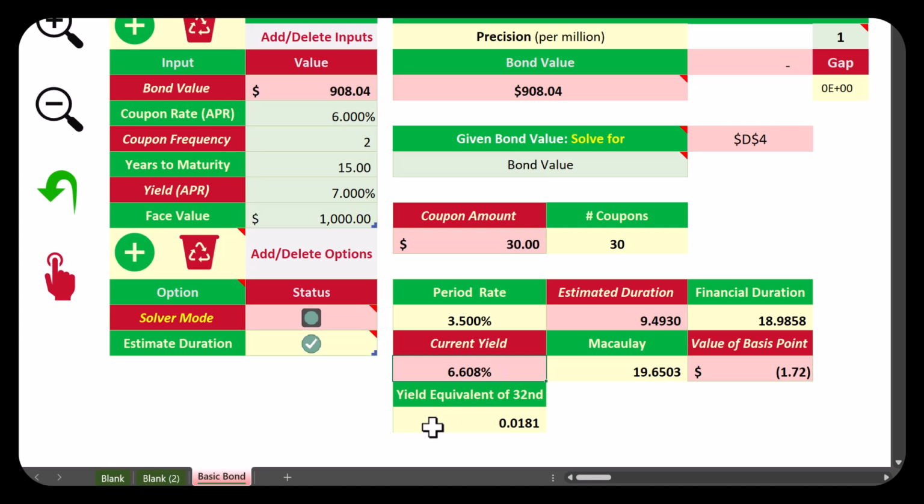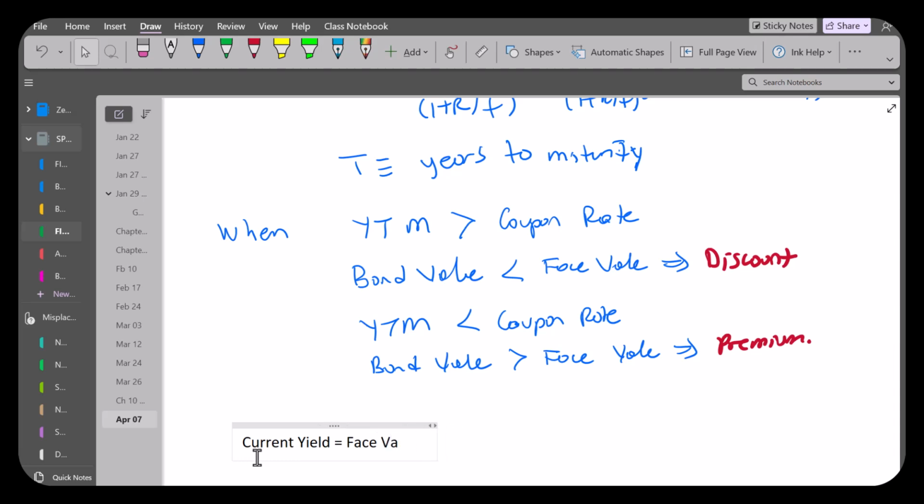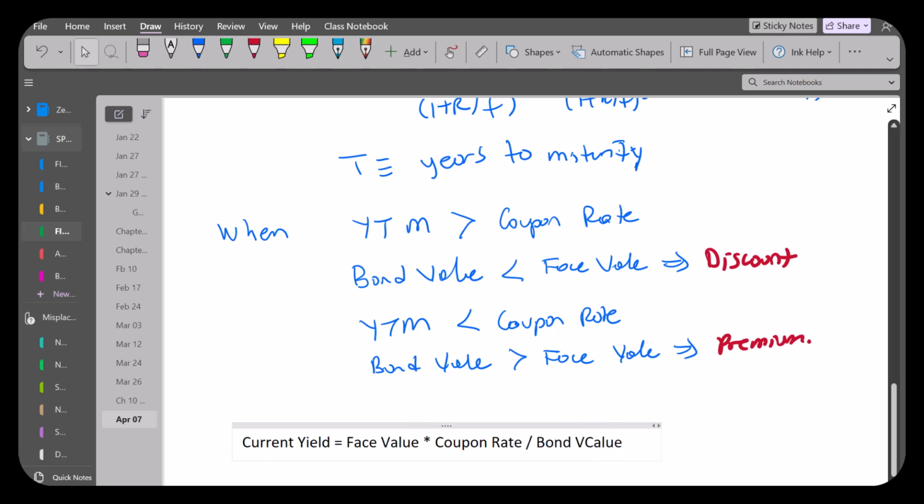But you should not use that for making any decisions. And our template automatically calculates that for you anyway.